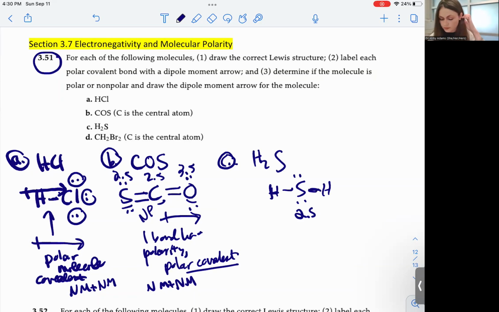Now, if this was between carbon and hydrogen, I know we would say that that is nonpolar, but for reasons defined in your textbook, the relationship between sulfur and hydrogen is going to be polar, even though sulfur and carbon are going to have a similar electronegativity.